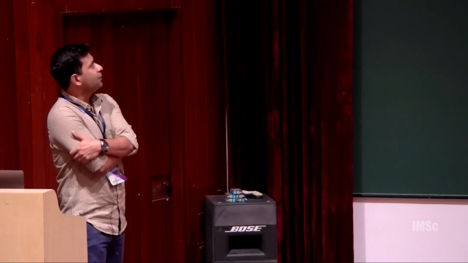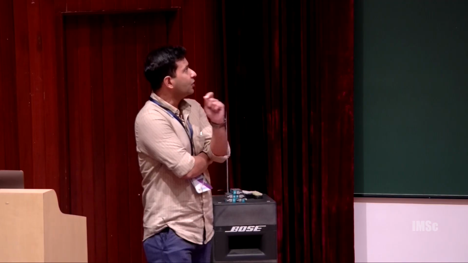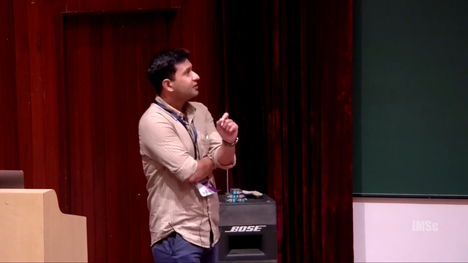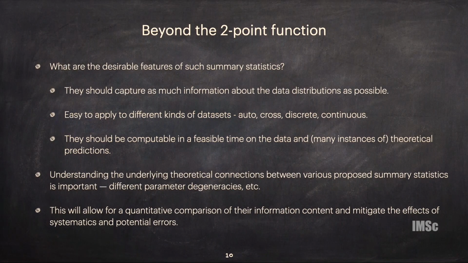Third, they should be computable in feasible time on the data and many instances of theoretical predictions, because for really nonlinear scales you can't get away from simulations, so this has to be quick to compute. We also probably want to understand the underlying theoretical connections between the various proposed summary statistics. This will help us understand which summary statistic is better at doing what, how to break parameter degeneracies, and also how to mitigate the effects of systematics and potential errors.